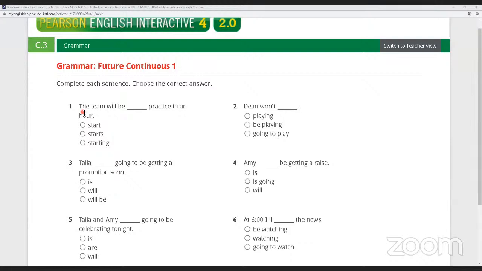Miss, I have one question. Yes. Is team singular or plural? The team you said? Or B? Team. It's the name, right? No, Miss. In the first sentence, I don't know how to explain.